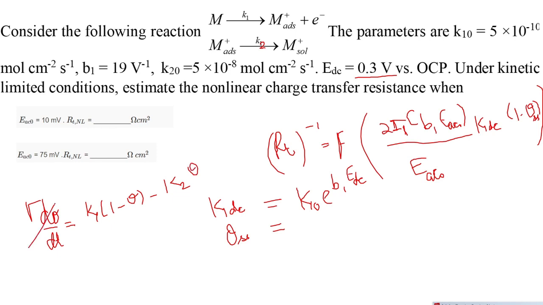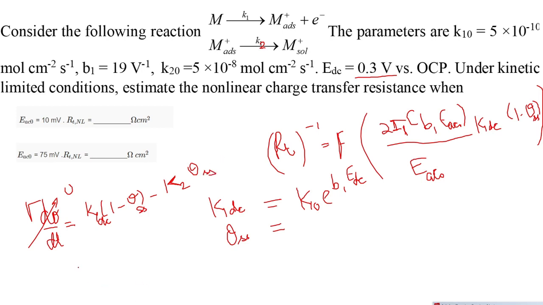At steady state, this will be 0, and theta becomes theta SS. This one will be K1 DC, and because the second step is a chemical reaction and not an electrochemical reaction, K2 is a constant. It is not dependent on the DC potential. Be careful with that.